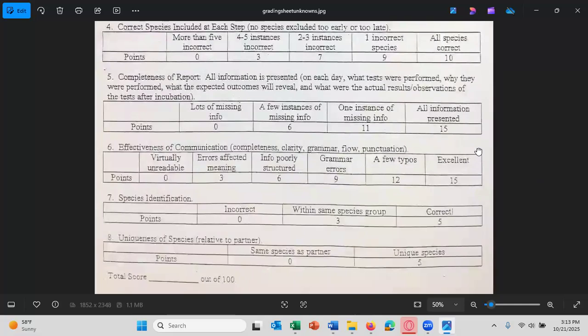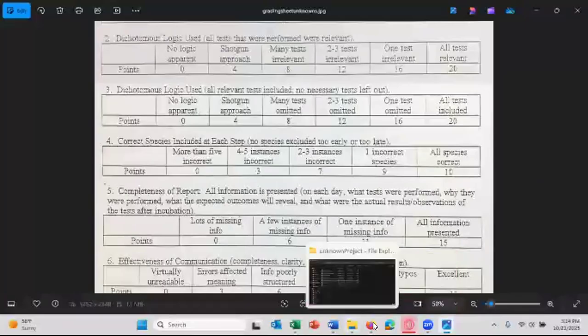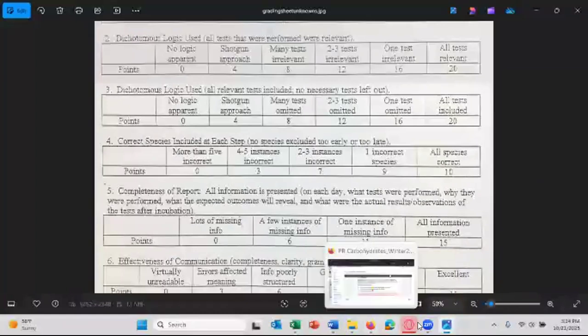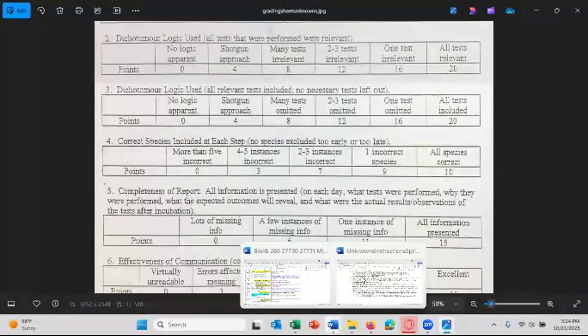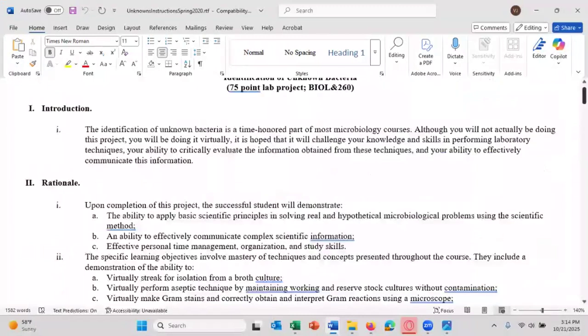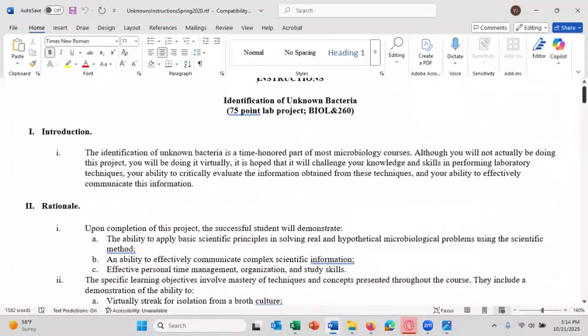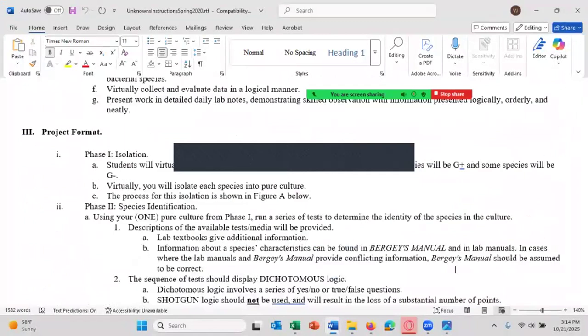Yeah, this is out of 100, and this project's worth 75 points. So the grading sheet I'm showing you here isn't quite right.